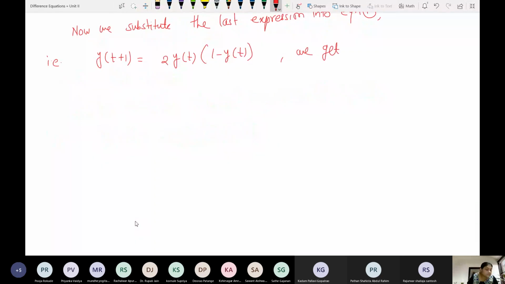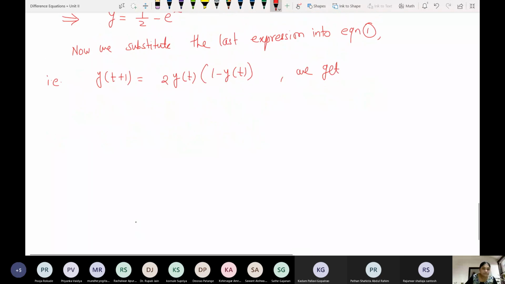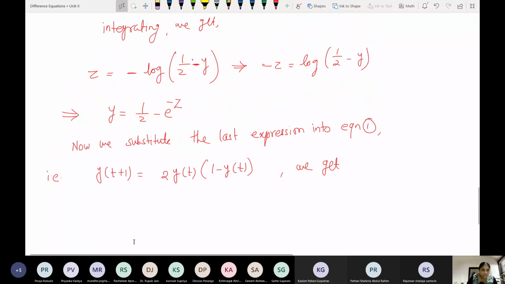What we will get if I substitute this, what is y at t plus 1, then 1 by 2 minus e raised to minus z at t plus 1, which is equal to 2 times y of t.